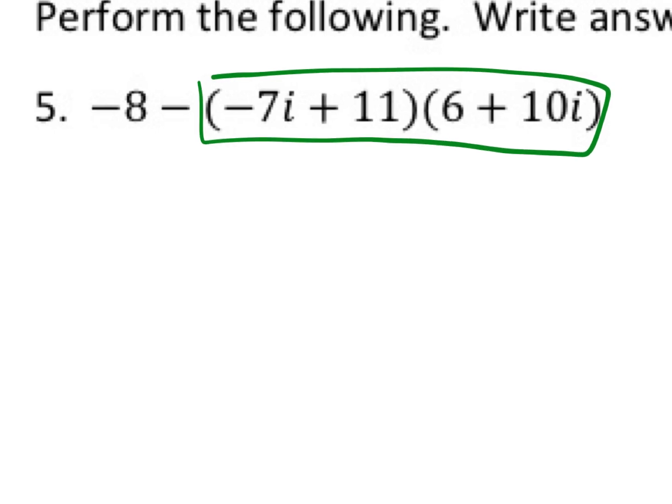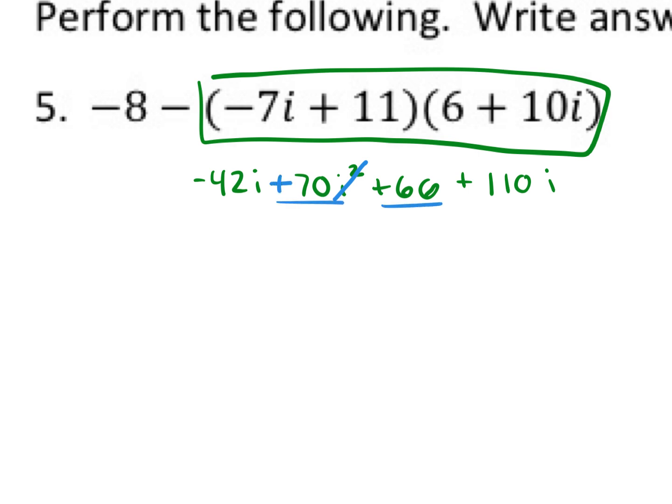-7i times 6 would be what? -42i. -7i times 10i would be -70i squared. Plus 66 plus 110i. So let's combine our like terms and simplify. What does i squared change to? -1, which makes -70 what? +70.